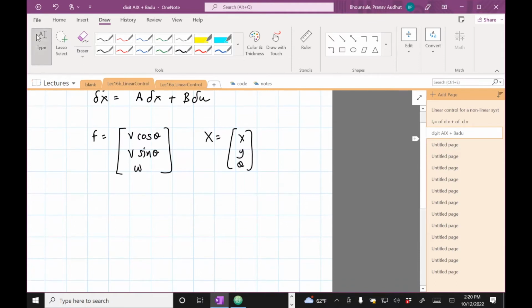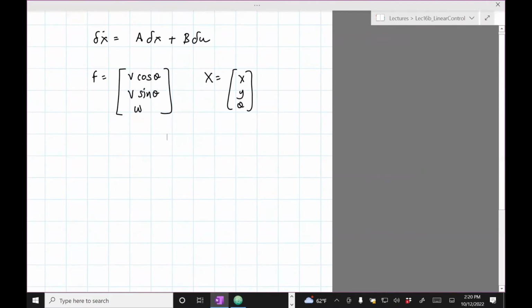Okay, so let's now start computing the linearization. A is df dx. So this is how you will do it. The first row of f is v cosine theta, so you'll take the derivative of v cosine theta with respect to x. Let me just write it down. Then you'll do the same derivative with respect to y and the same with respect to theta.